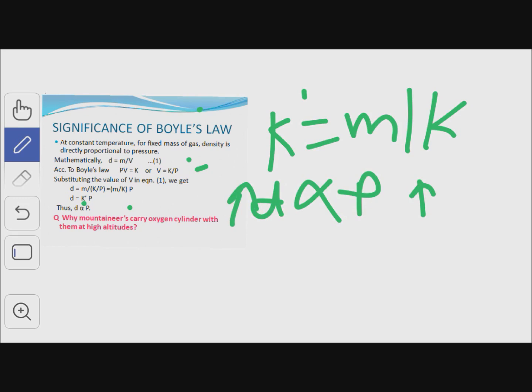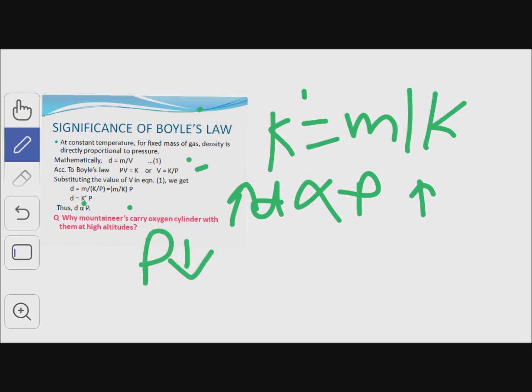The question here is, why do mountaineers carry oxygen cylinders with them at high altitudes? Because at high altitudes the atmospheric pressure is low.